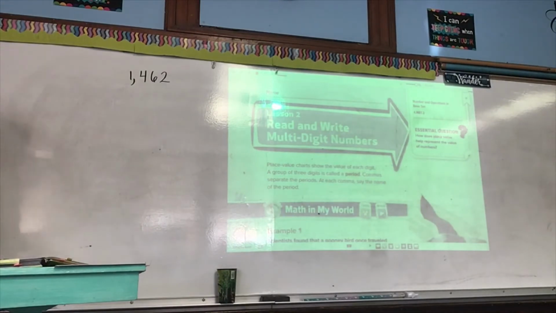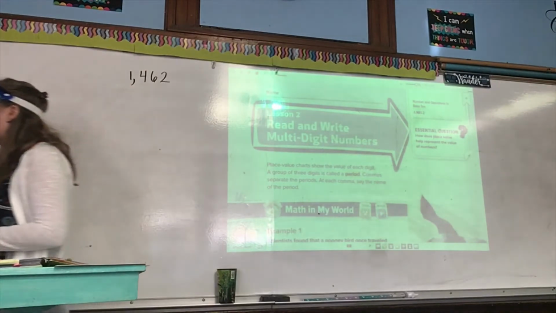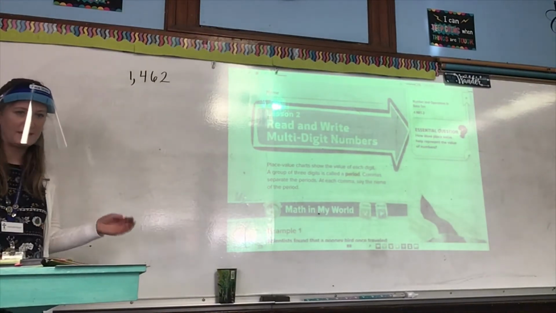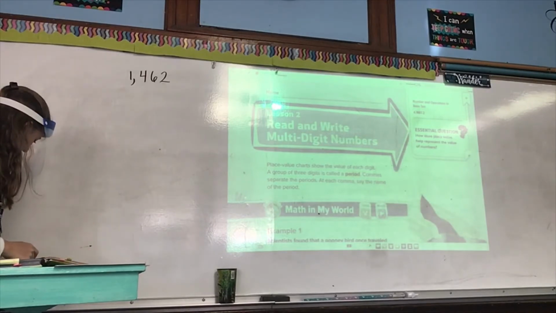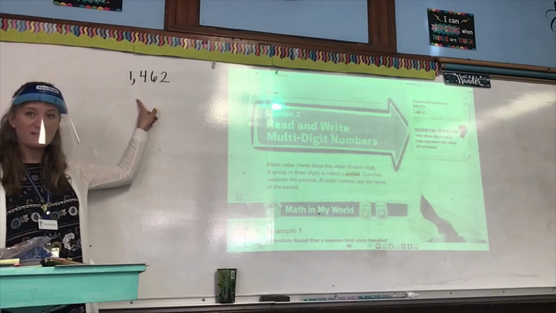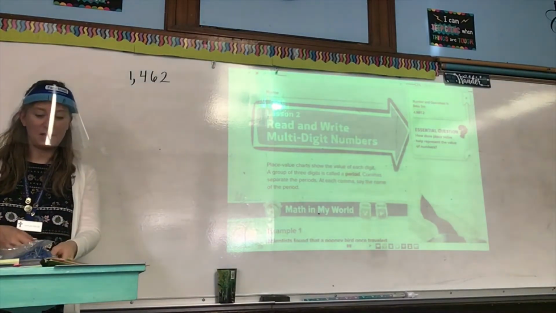These. I think in the next chapter you'll each get your own to play with. You guys at home, I'll have to figure out how to get it to you. But for now, I'm just going to use them. Okay, so I want to write the number 1,462 using base 10 blocks.